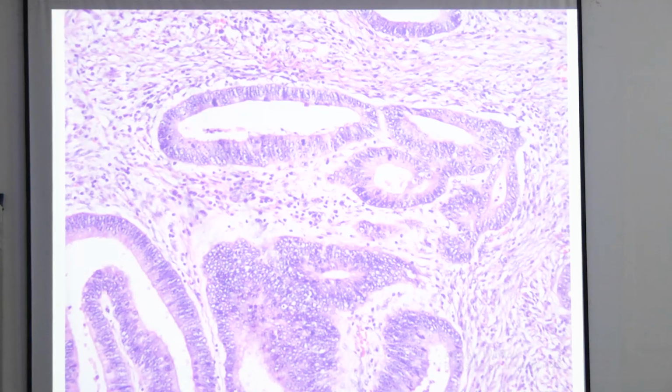So these are the malignant glands. There are multiple layers, and in these glands the nuclei are enlarged, and there is clean gland formation here, but here there is no gland formation.